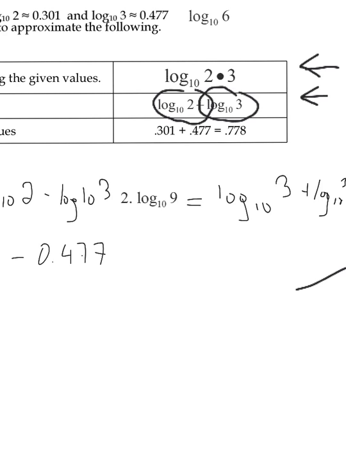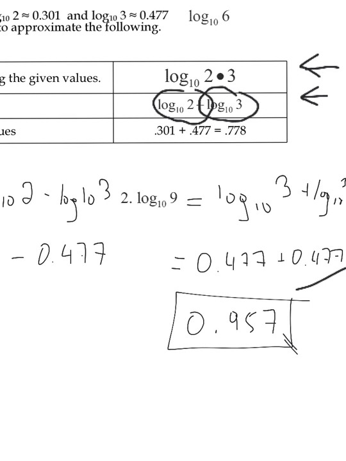Okay, so this will be equal to 0.477 plus 0.477. Okay, and if you add the numbers, you should get 0.954.